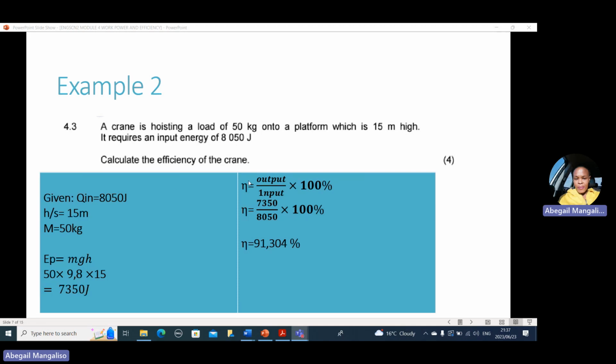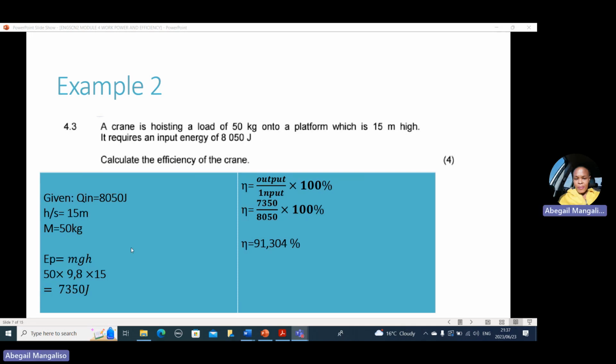Input is given. Efficiency is output over input. So we must first calculate the output, the energy produced by the crane, because a motor is supplying the energy to it, and that energy in is this one. So we must get the energy out.